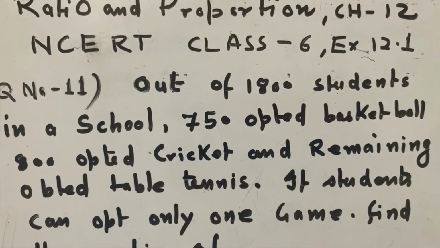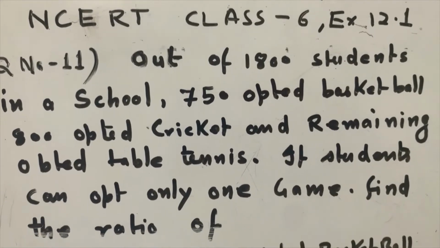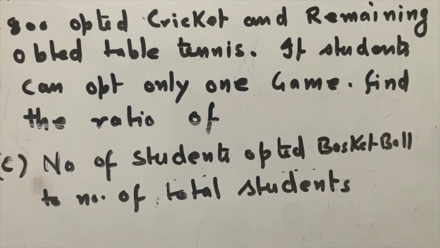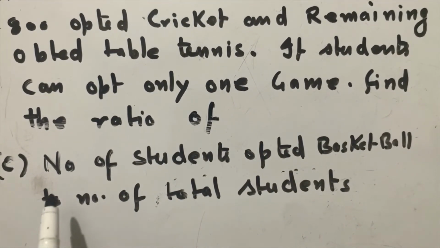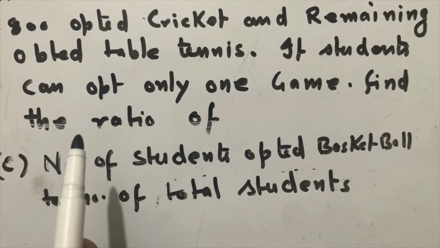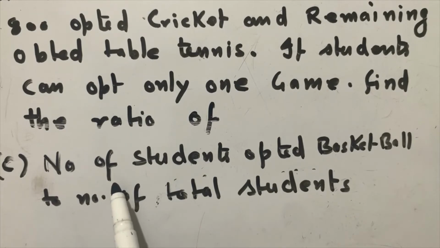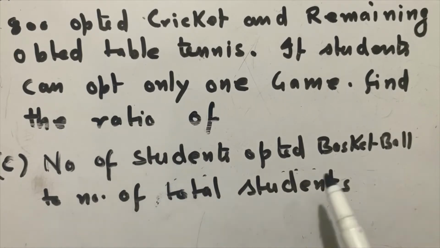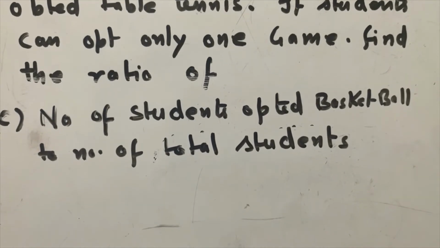Now question number 11, exercise 12.1, part C. I have to solve part C of question number 11. We have to find the ratio between number of students opted basketball to number of total students.